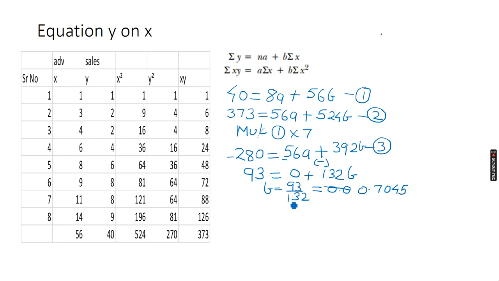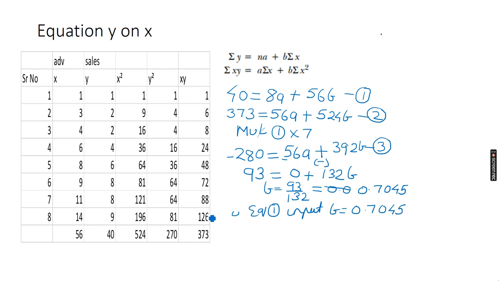Now using the value of b, I input it in equation 1. So in equation 1, input b is equal to 0.7045.